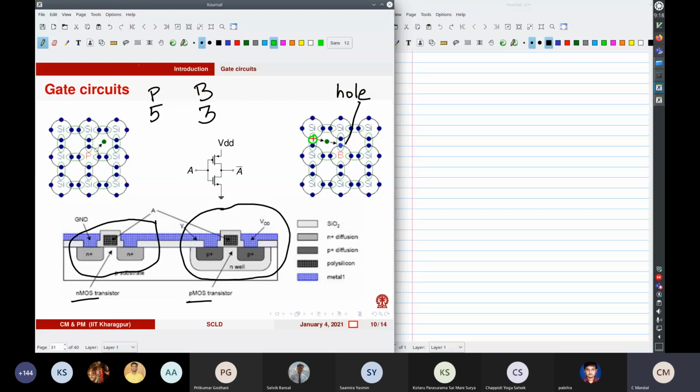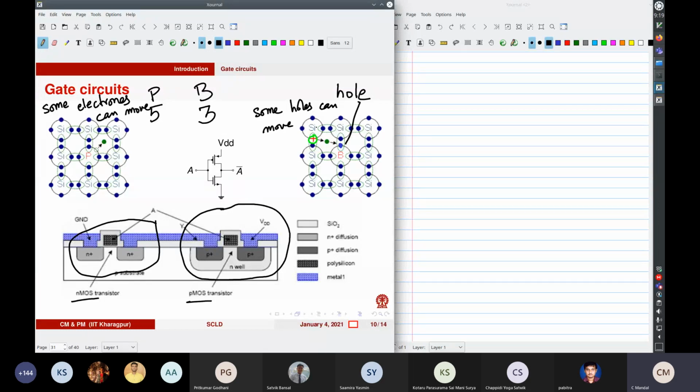So here some electrons can move, and here some holes can move.